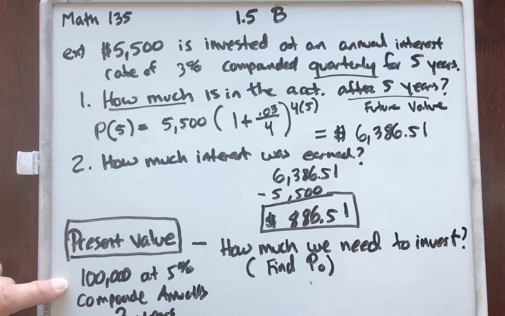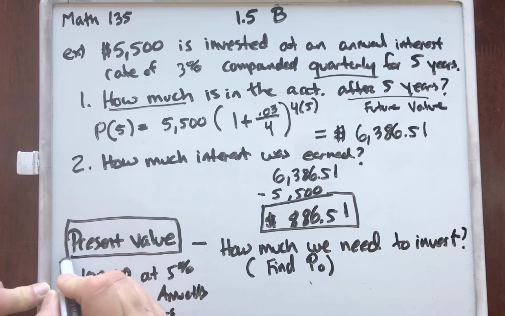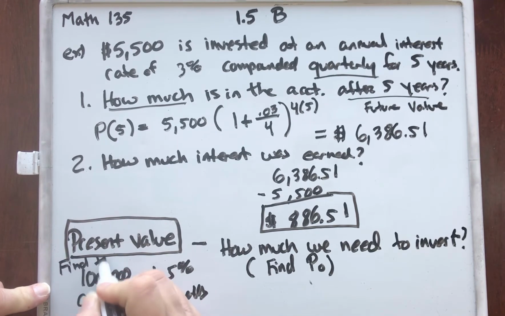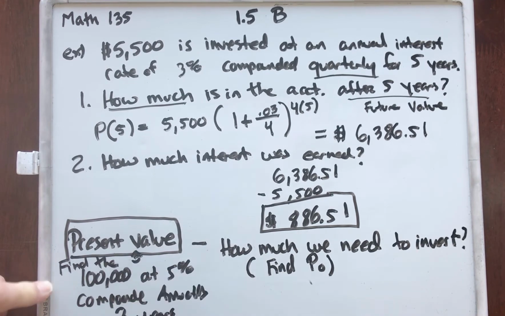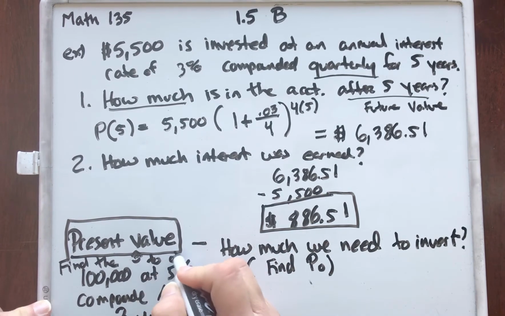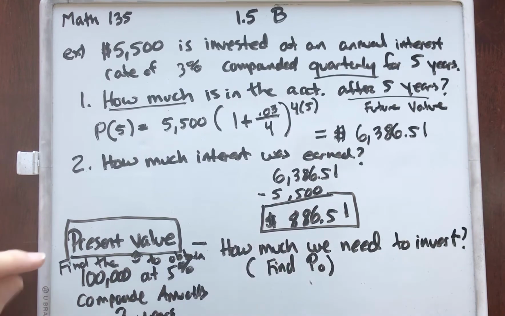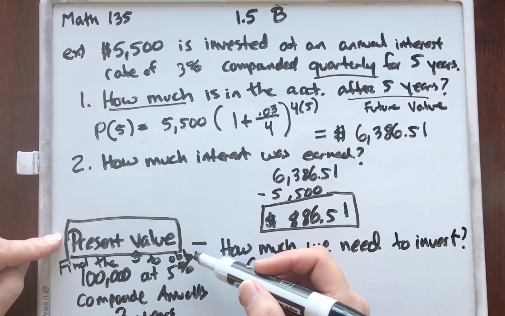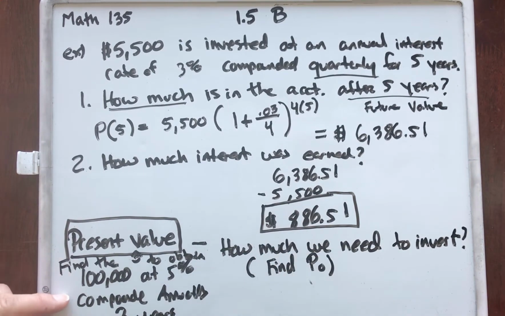So the question would say, find the present value to obtain 100,000 at 5% compounded annually for 3 years.